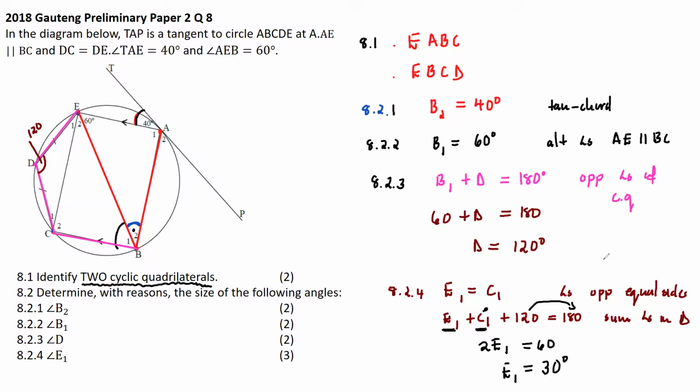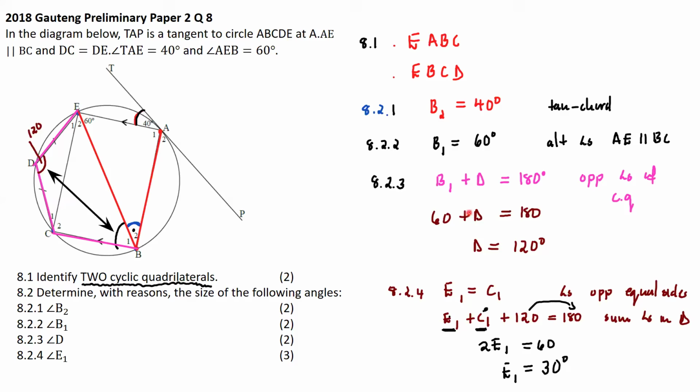Very important. Okay, beautiful. So it's always important when you're doing these questions to be able to notice if there's a cyclic quad, like what I did here and said the opposite angles of a cyclic quad, B1 and D, when added together, will give you 180.